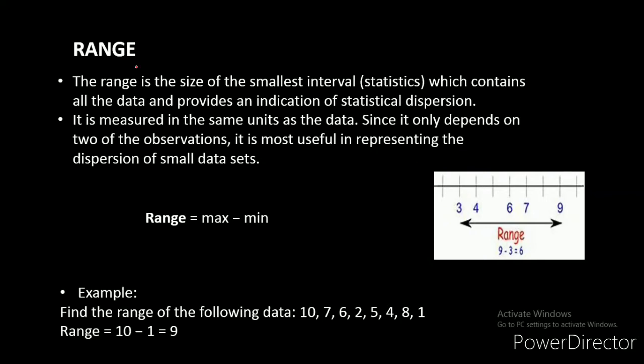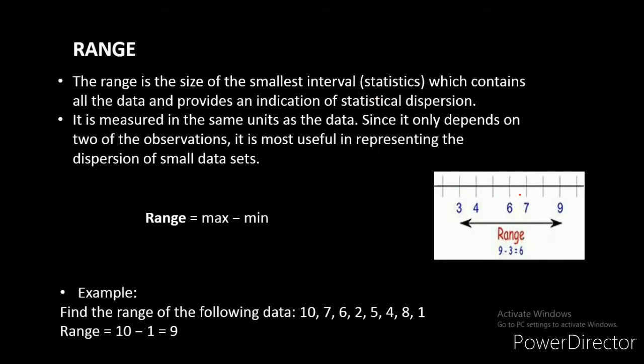First one is the range. Range is defined as the difference between the highest value and lowest value in a set of data. It is the size of the smallest interval in statistics which contains all the data and provides an indication of statistical dispersion.